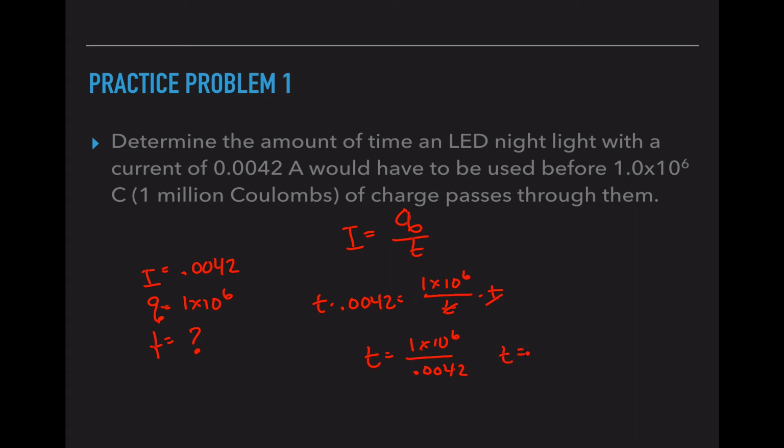So my T value is 2.38 times 10 to the 8 seconds. Now that's a huge number, so I'm going to go ahead and convert that to hours. I'm going to divide this number by 3,600, and that's the same as 66,137.56 hours. That LED nightlight would have to be on for a huge amount of time before 1 million coulombs of charge passed through them.